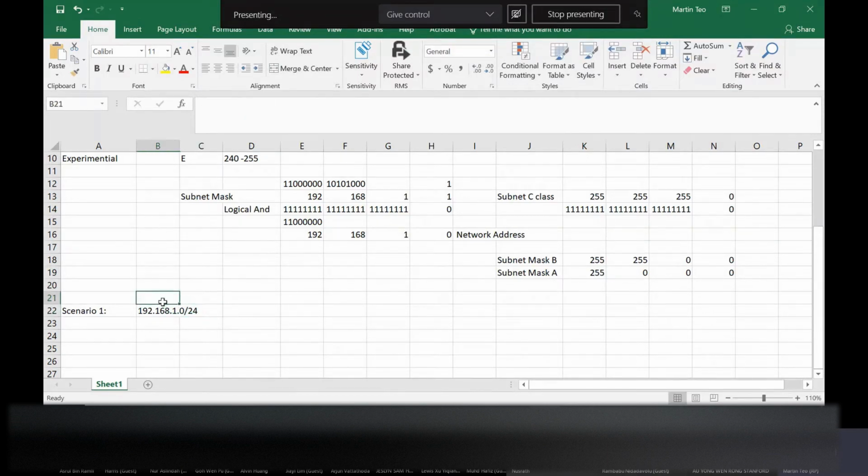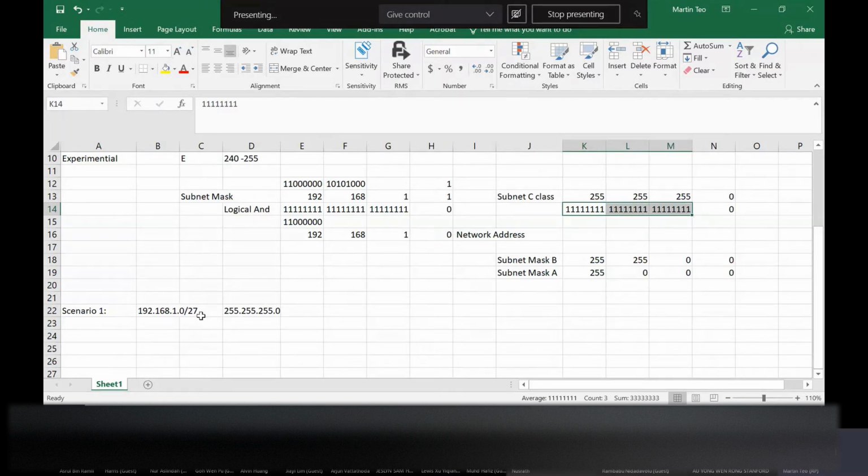Basically over here we are given this IP address, and we can know for ourselves our subnet mask is 255.255.255.0. Sometimes they may give it to you like /27, so what do you think your subnet mask will be? For /24 it is 255.255.255.0, because all 24 bits are turned on.